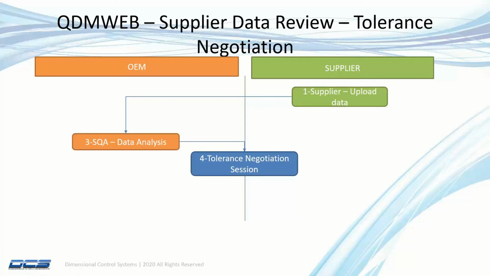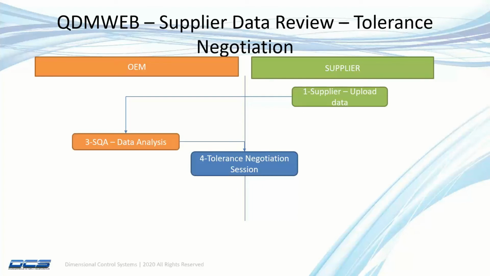They look at that, and let's say the SQA finds a few problems, that the capability is not meeting the needs. The target CP for this particular phase is 1.33 or higher, and for some features it's not meeting it. Then typically there's a tolerance negotiation session between the supplier and the OEM.